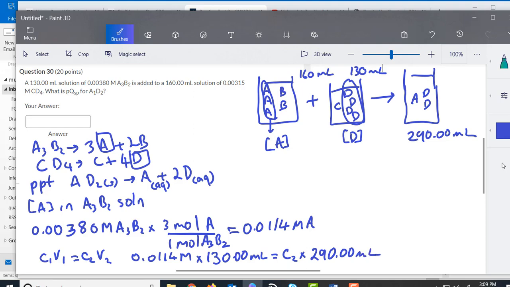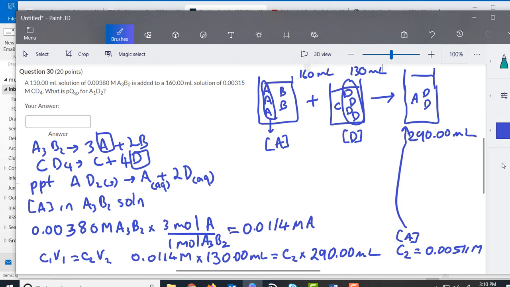Now the 290 is the sum of 160 and 130. And the value of C2 then is going to be 0.00511 molar. That's the concentration of A in this solution up here. That's where that comes from.